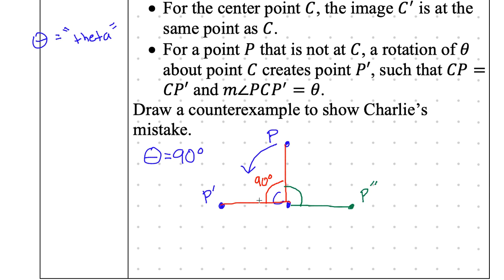It's only saying that if the measure right here is the same theta as this original theta, then I've done my work. So this is my counterexample. Direction was not included in the information up here. So that's the mistake. You have to talk about some sort of direction. Always go counterclockwise or always go clockwise.